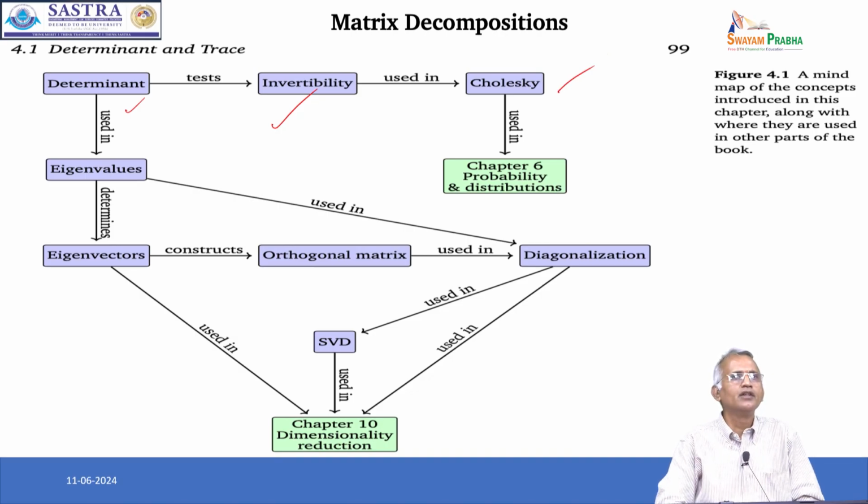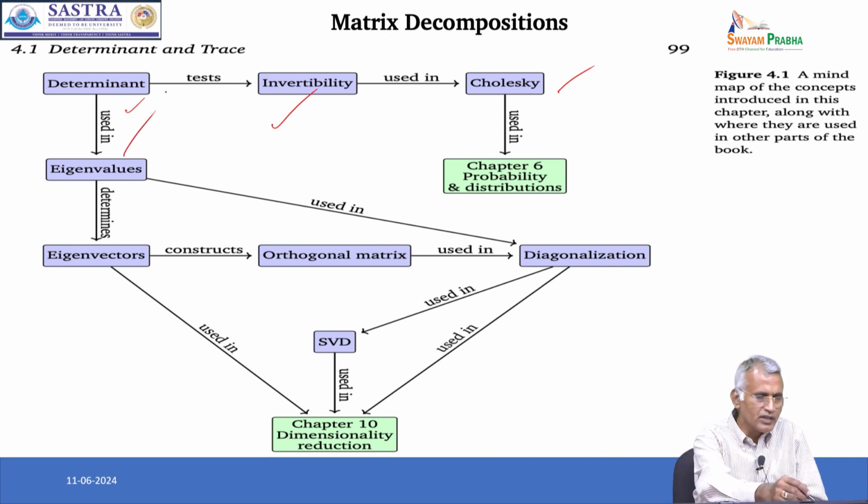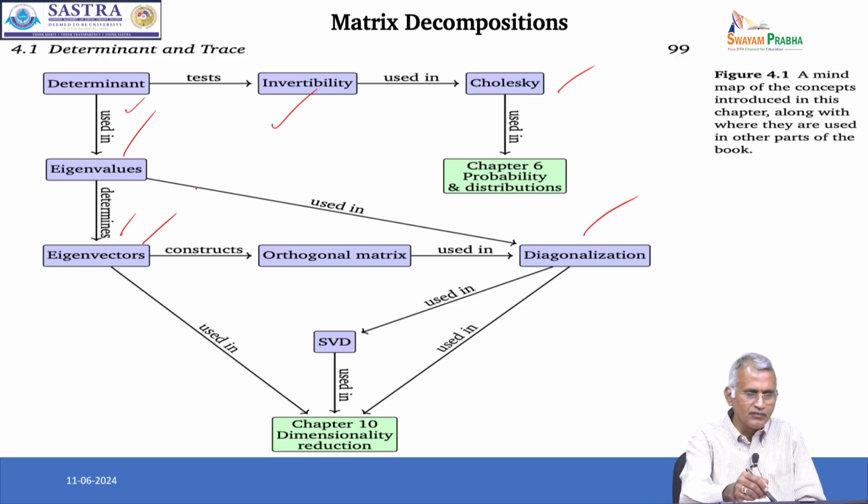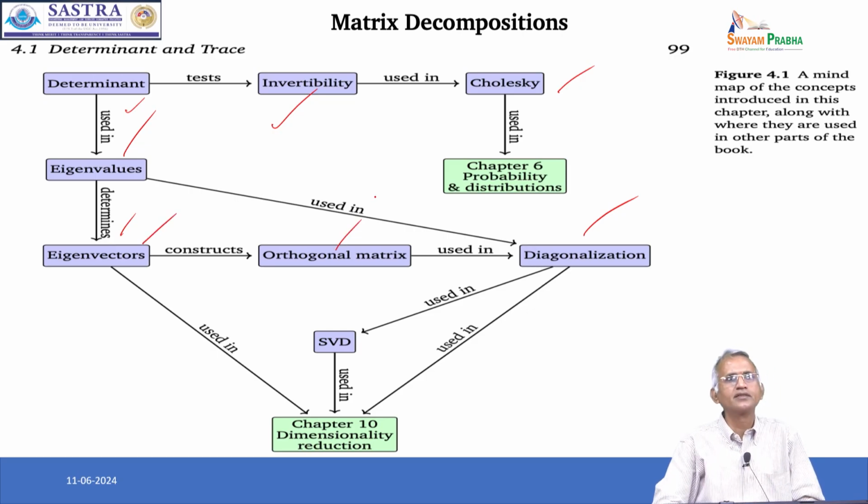If you know the determinant value of the matrix, we can easily find the eigenvalues and eigenvectors. If we know the eigenvalues, only then can we use the diagonalization process. After getting the eigenvectors, we can construct an orthogonal matrix, and it will be helpful for the diagonalization of the matrix.